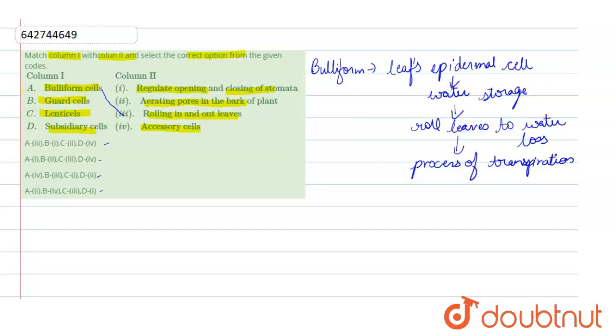Getting further, what are the guard cells? Plants basically breathe and sweat through their stomata, which is regulated by the guard cells.